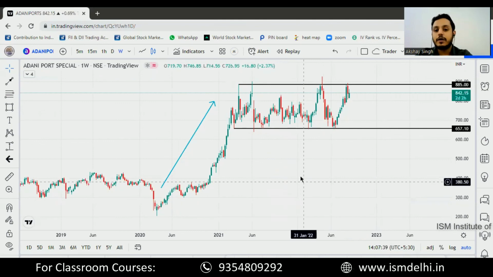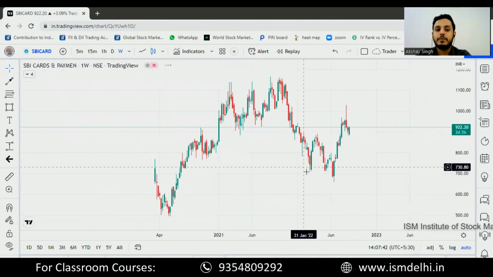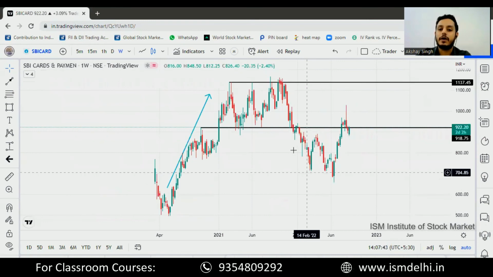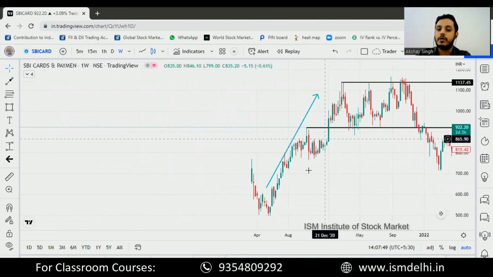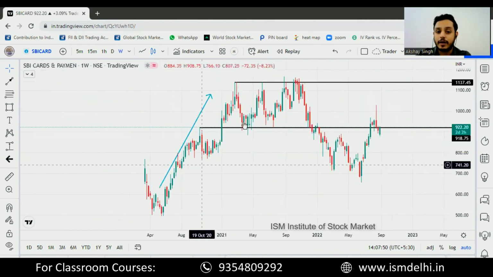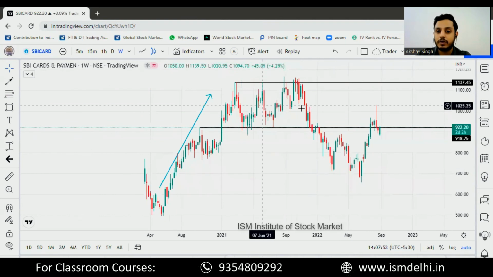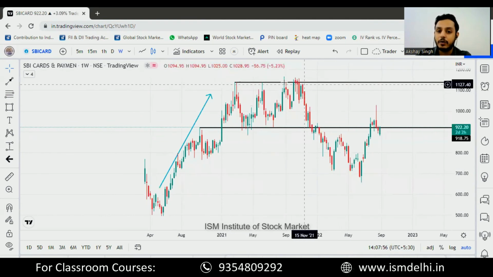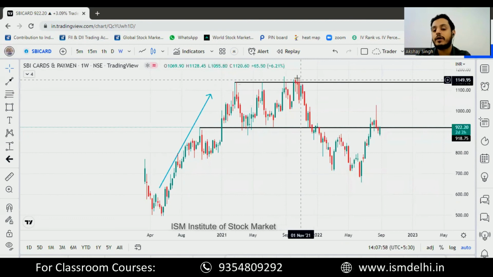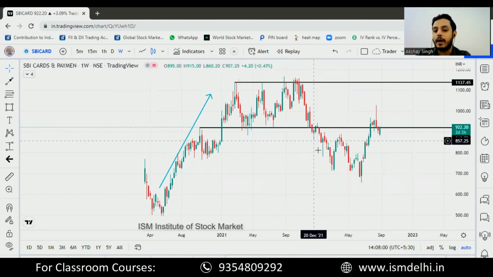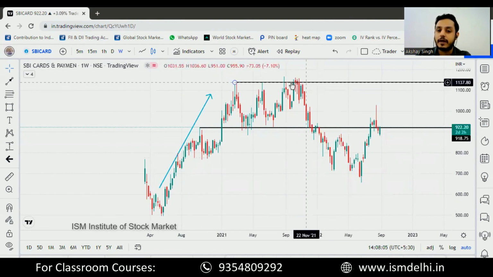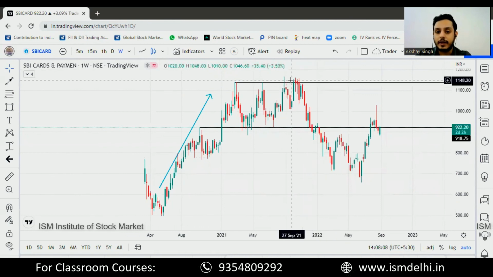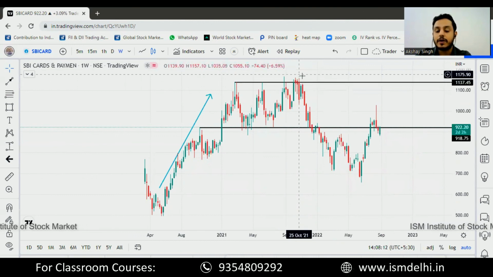Now another chart to look at is SBI Cards. SBI Cards had a good uptrend, higher highs, higher lows on a weekly time frame chart, and then a considerable consolidation, and then it tried to break out. Remember this: it tried to break out and then it fell back. We have to make sure that this weekly resistance gets breached very confidently by a good candle and a considerable amount of trading over there.